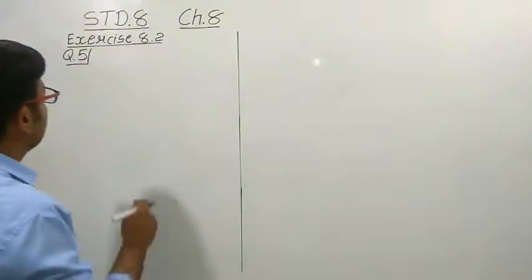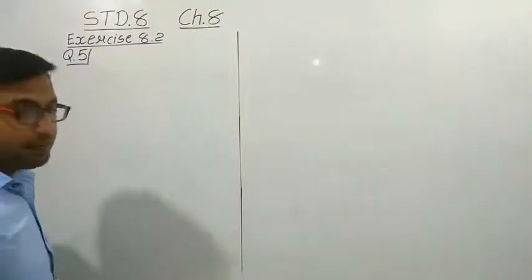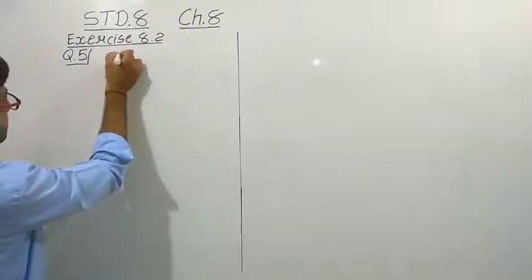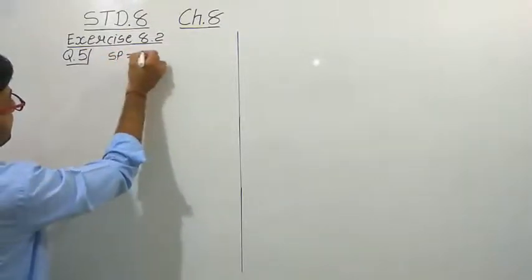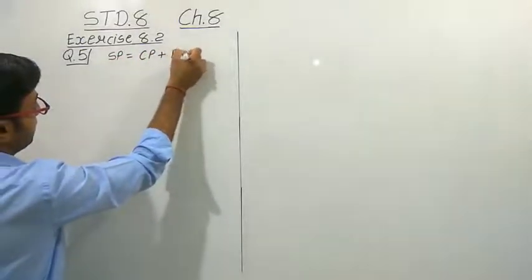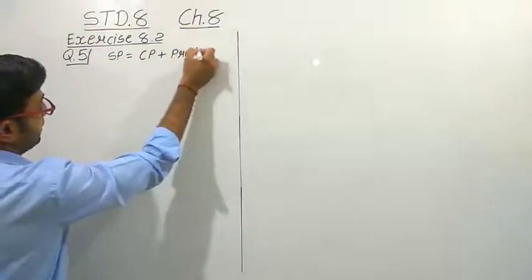Here we know that whenever there is a profit, we write the selling price SP as cost price plus profit. Right?